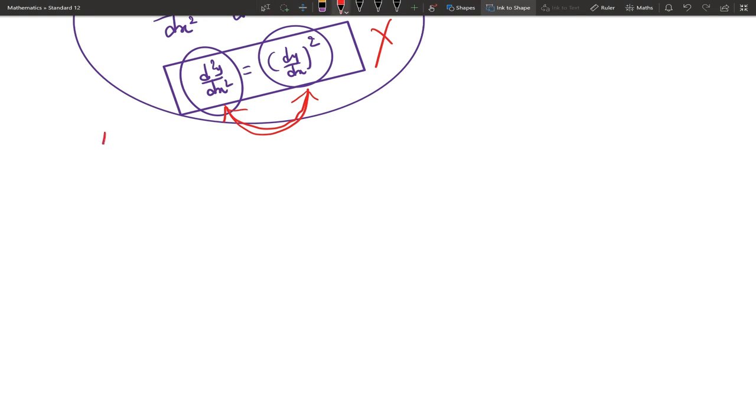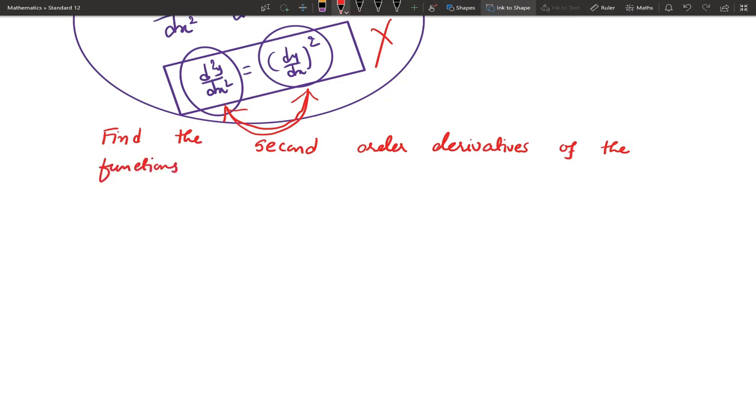Instruction: find the second order derivative of the following functions.